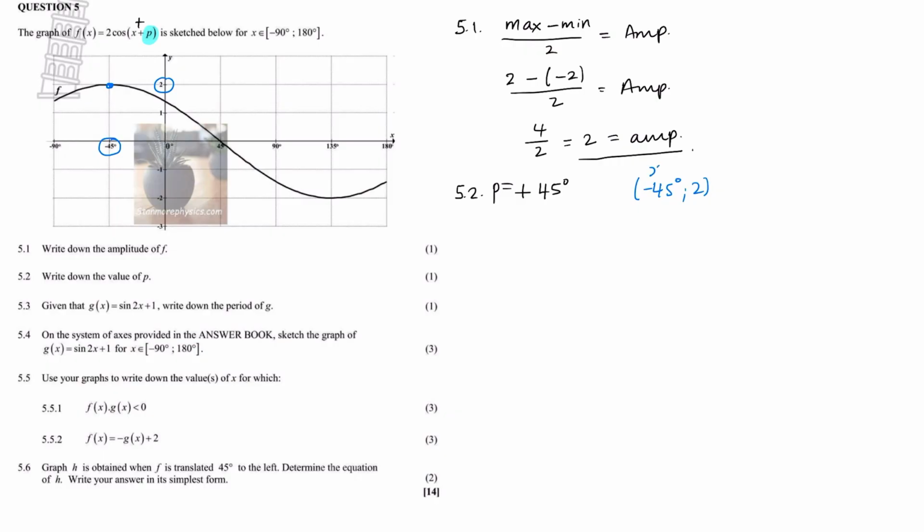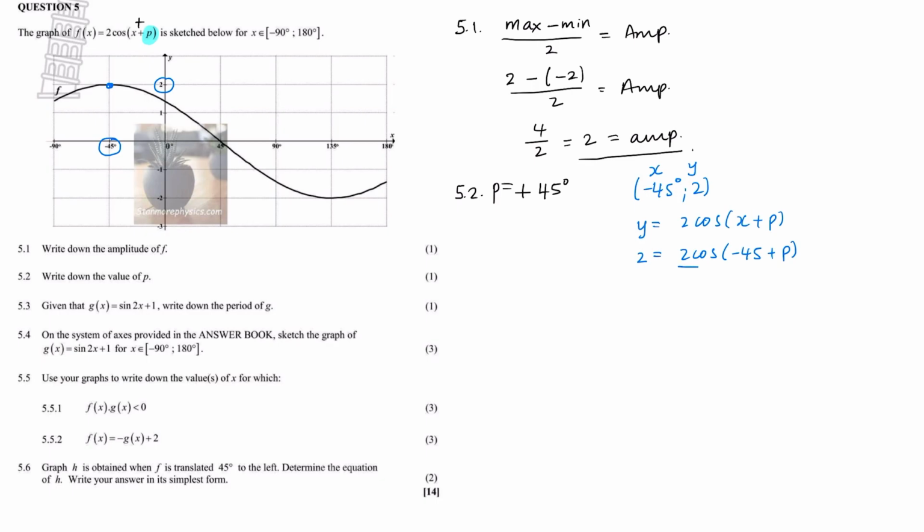That's my x value, that's the y value. So the function is y is equal to 2 cos x plus p. So I'm substituting: 2 is equal to 2 cos, x is minus 45, plus p.